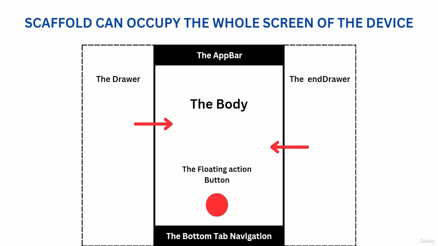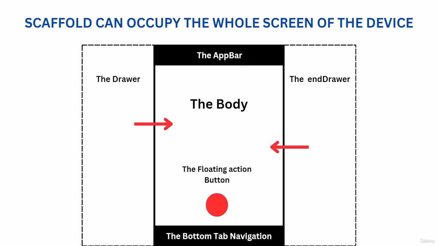You can also add a floating action button, for a particular function or for showing pop-up menus for a particular action. You can design it to your liking as well.